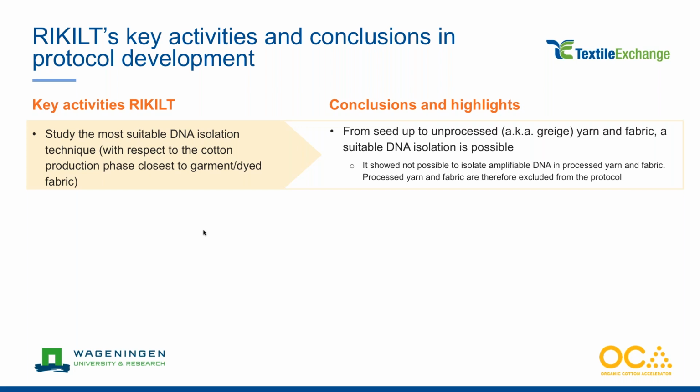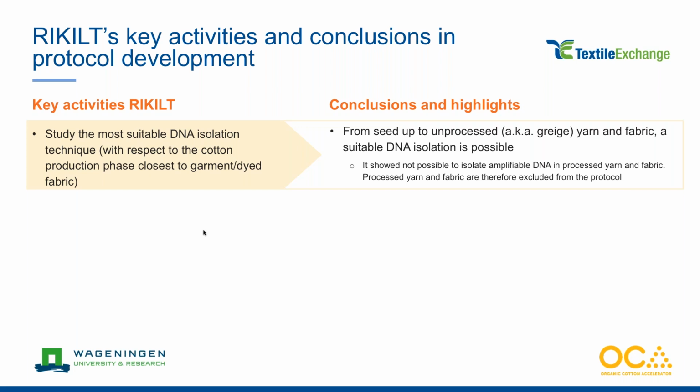First of all, of course, a very important question that's long been debated in the textile supply chain is what's the most suitable DNA isolation technique with respect to being able to sample for GM presence as close to garment and dyed fabric as possible. I mean, preferably at garment and dyed fabric level.